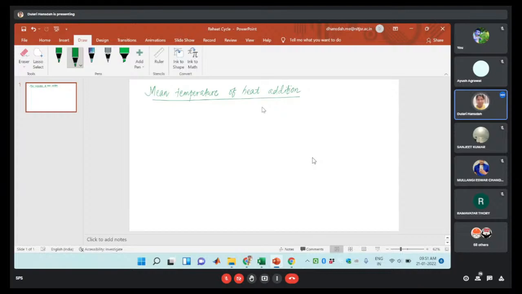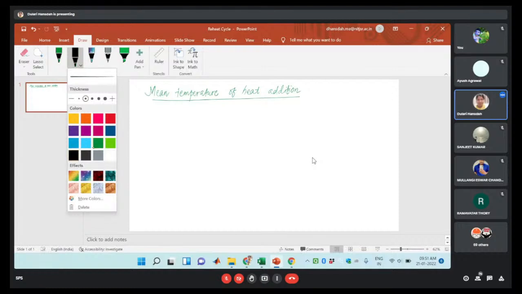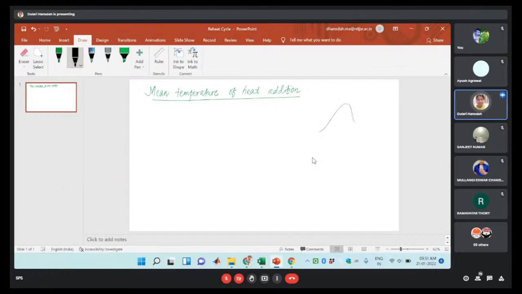In your last semester, I explained that we can also use the Carnot cycle, which is the basic cycle for all the heat engines. In that case, generally we were doing the heat addition at constant temperature, up to the saturated vapor line, so that the vapor forms as saturated vapor.